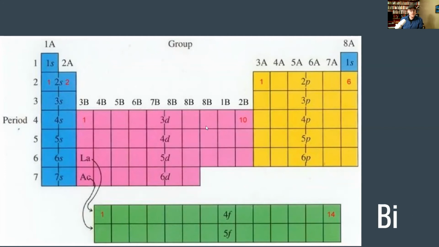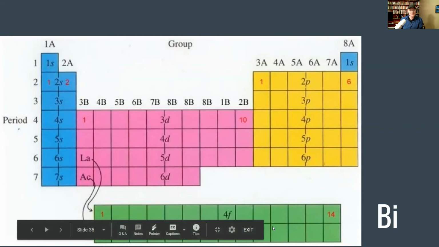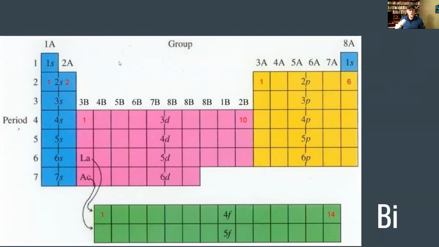You'll notice that this section in the middle is the d block of elements, and the bottom two rows that are not quite attached but actually fit right in this area are going to be the f block of electrons. So if I'm going across from one to another, this would be 1s2, 2s1, 2s2, 2p1, 2p2, 2p3, 2p4, 2p5, 2p6, and then the 3s, the 3p, the 4s, but then you'll notice that I come back down.